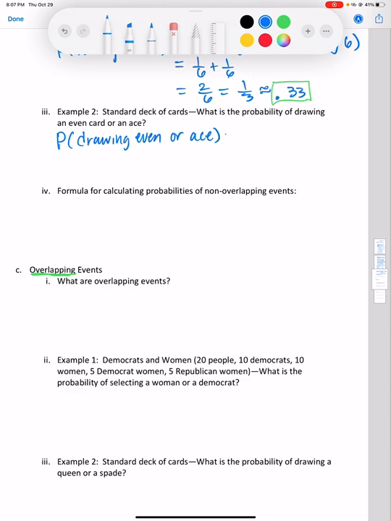Now, even means 2, 4, 6, 8, or 10. So you have the probability of drawing 2, 4, 6, 8, or 10, plus the probability of drawing an ace.